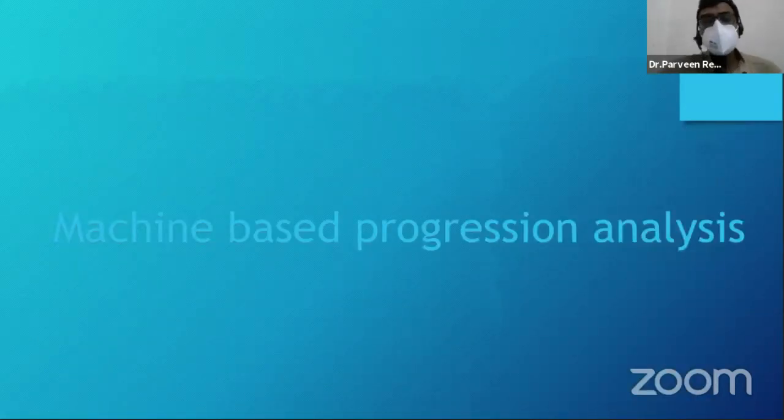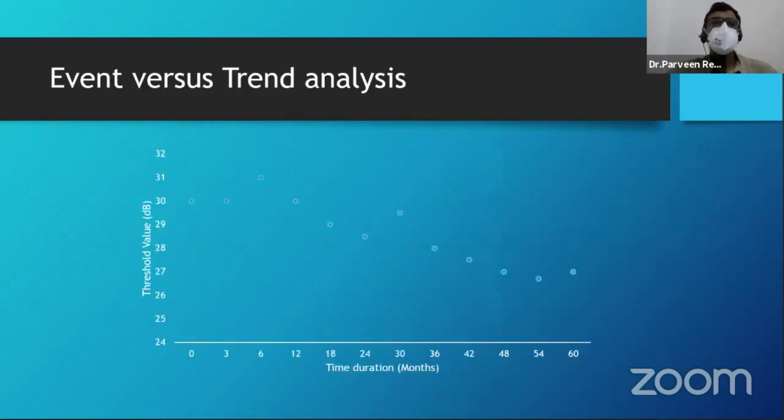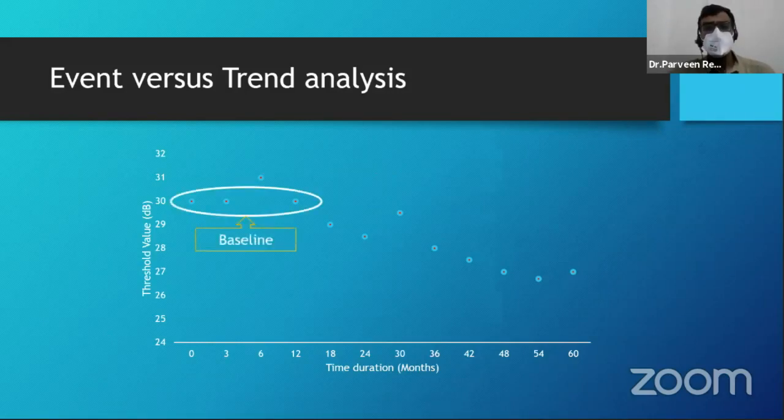If we have drawbacks with the subjective assessment, then the machine has made available two types of analysis for progression. Dr. Reena as well as Dr. Manish have already highlighted that event and trend-based analysis can be used. I'm explaining it very basically in this field. We have a baseline of 2 to 3 fields, and we see what the defect or threshold is, which is subsequently repeatable in the different fields, to say it is stable.